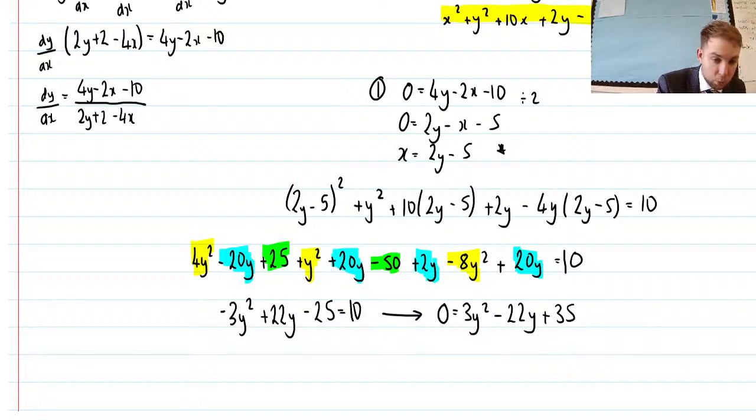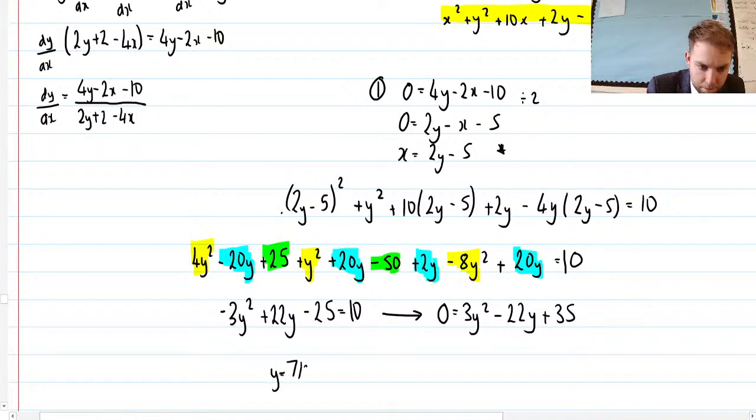So we've got 3y squared minus 22y plus 35 is equal to 0, so y is equal to 7 over 3, and y is equal to 5.